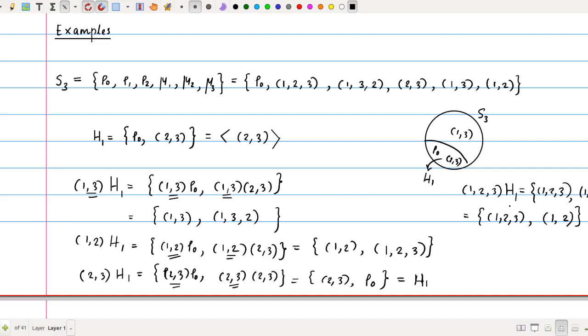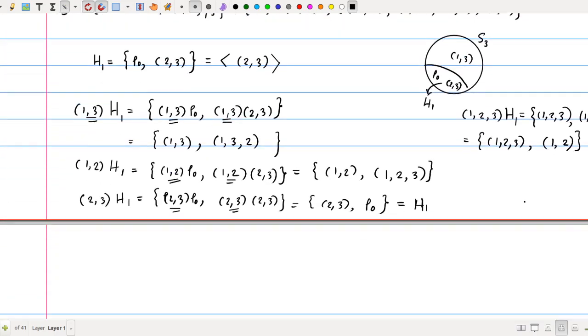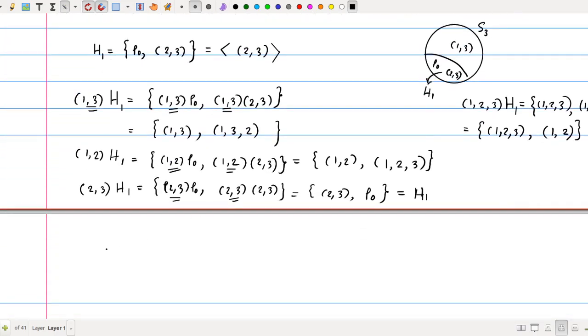So this is nothing but the coset of h1 corresponding to (1 2 3). Okay, so one thing you should remember is, if you consider (1 2) times h1, that is nothing but the set {(1 2), (1 2 3)}. From this expression you can get (1 2 3) times h1 is also the same.